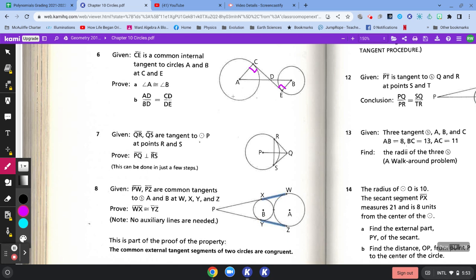I assume you paused the video, and now you probably noticed that you have vertical angles, and we also have angle. Okay, so by no choice here, we've got those angles congruent as well.